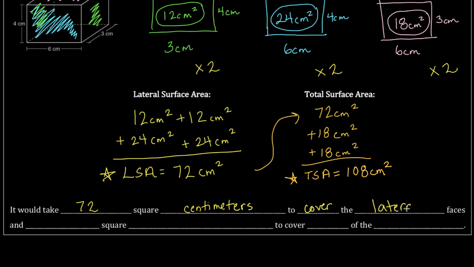So everything except for the top and bottom. Lateral faces, and it would take 108 square centimeters to cover all of the faces. Actually, I'm going to write that in non-cursive.